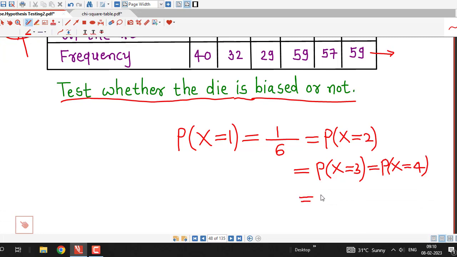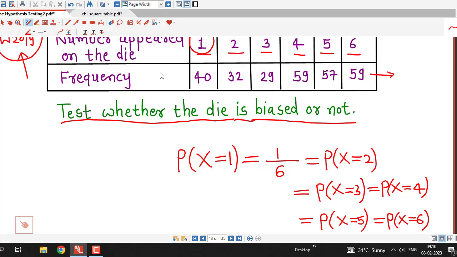So we will assume that our die is not biased or unbiased, so that we can use these theoretical probabilities for each of the numbers, and using this theoretical probability we will find out the expected frequency for each number to turn up, and then we will compare these observed frequencies with those expected frequencies, and for that we will use chi-square distribution.